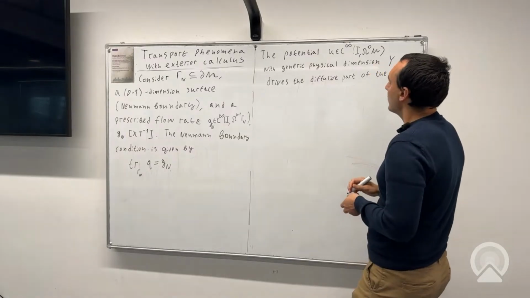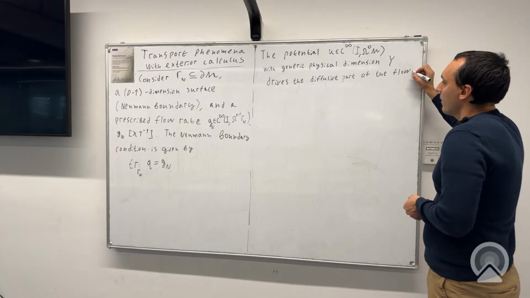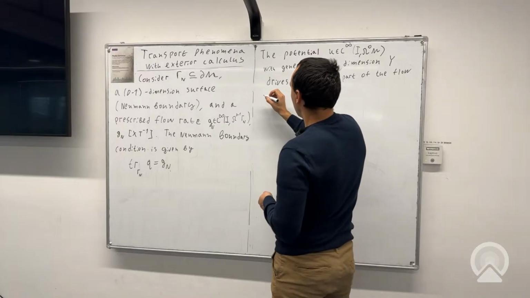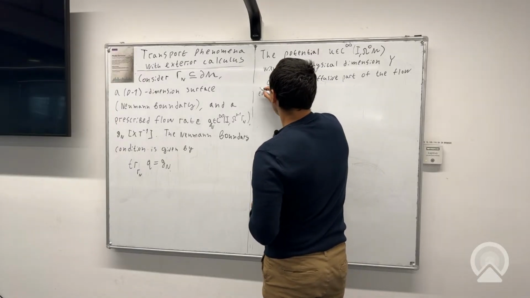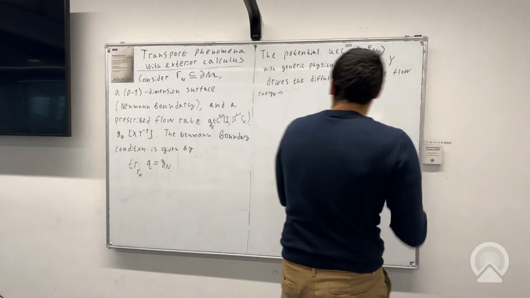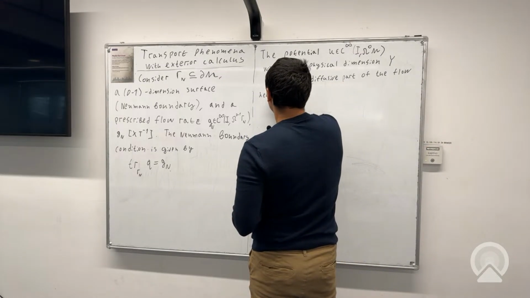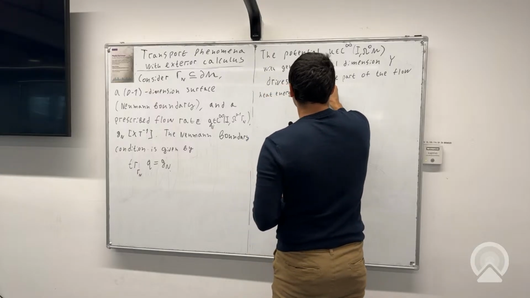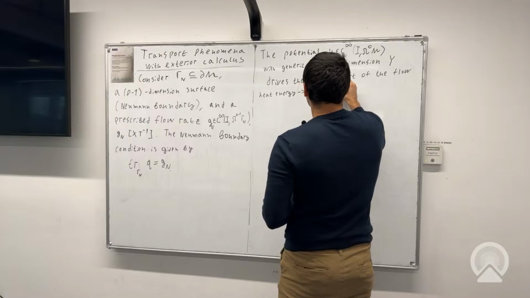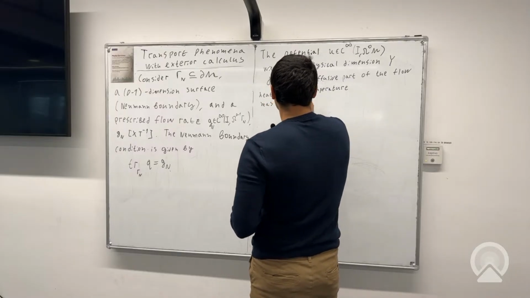So this is a new variable that is part of the model, and so for energy we have temperature, heat energy. For mass, we have concentration.